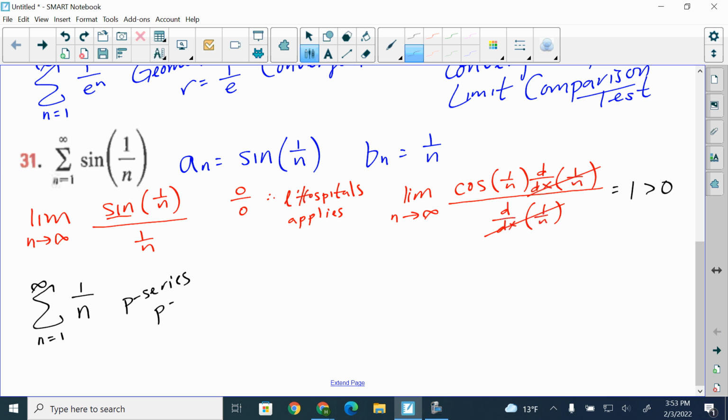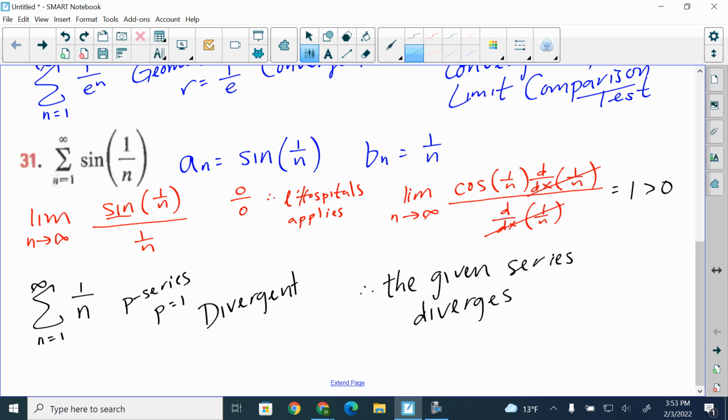P equals 1, so it is divergent. And limit comparison test says that either both converge or both diverge, so we can say, therefore, the given series diverges by the limit comparison test.